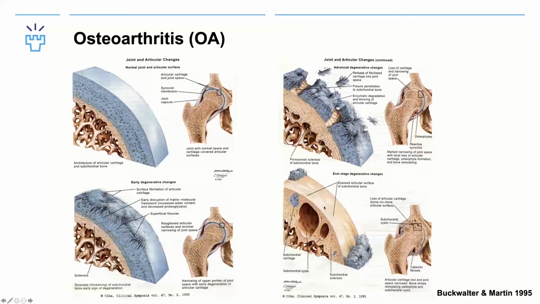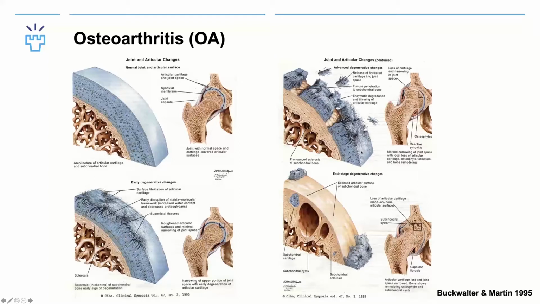This is the very famous picture from 1995, which shows quite nicely what is happening inside the joint tissues in osteoarthritis. As you can see from this figure, articular cartilage tissue, seen here, is most commonly characterized by degeneration and wear.